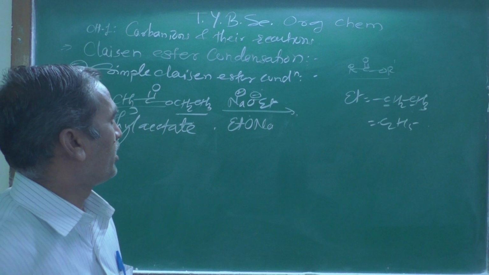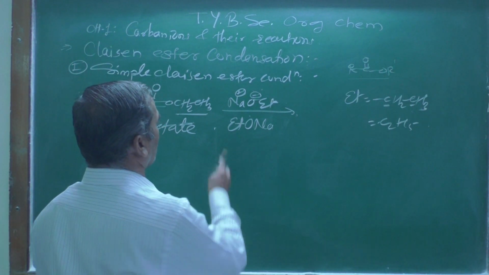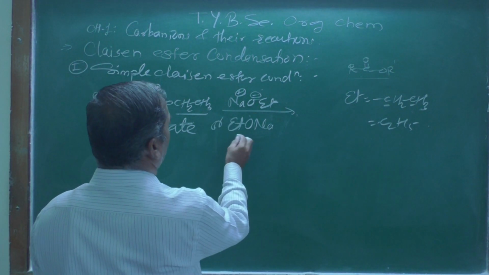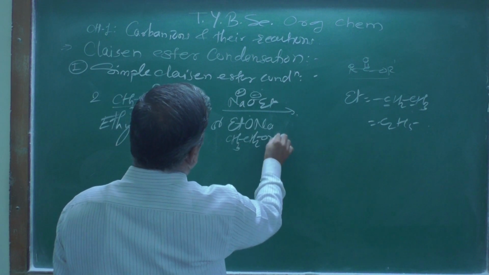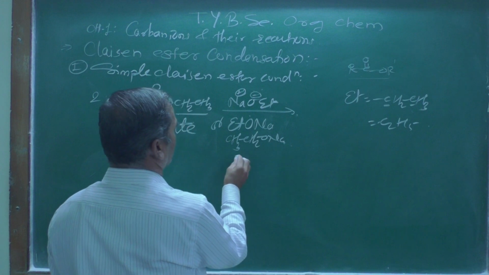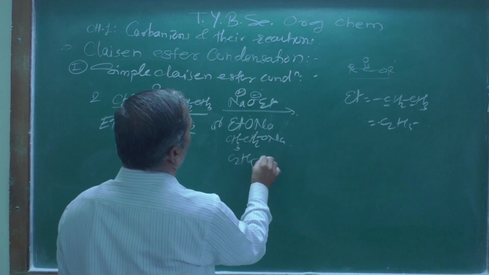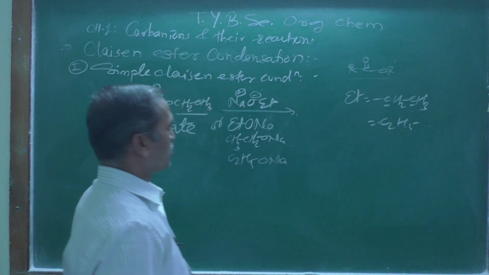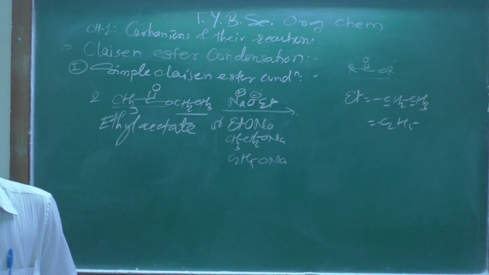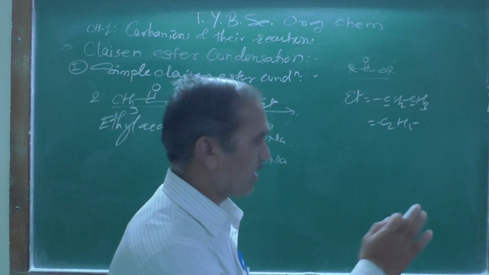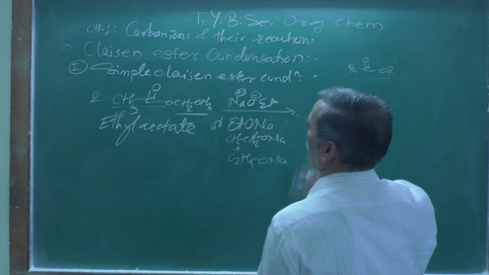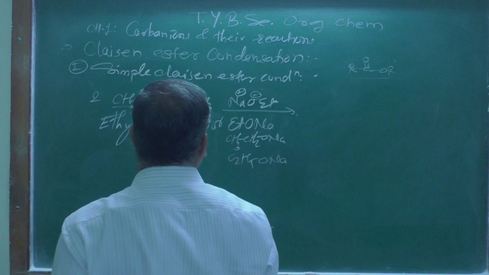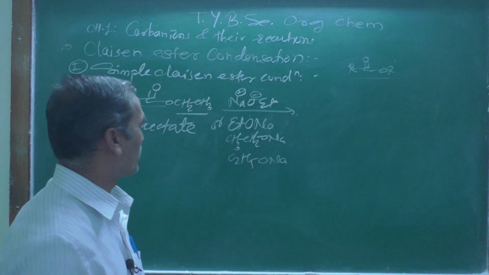This is a strong base, we can write it like this, or as CH3CH2ONa, or C2H5ONa. So those are the various ways to write this compound, and the product we are going to get, I am directly writing here.